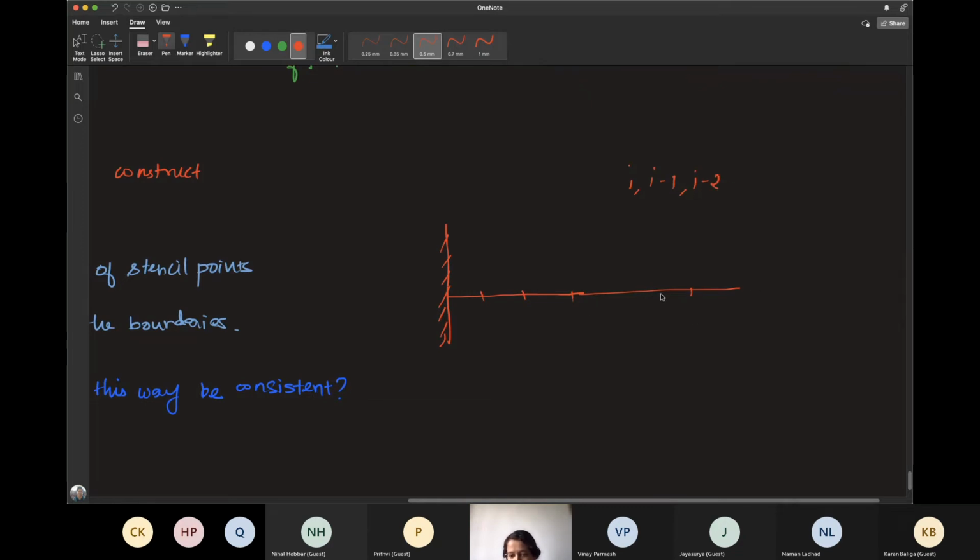So for some interior points, for any I, you will always be able to find some I minus 1 and I minus 2. For an I over here, you have this as I minus 1 and this as I minus 2. But for other cases, suppose you are solving for this point. Here this is your I, this is your I minus 1, and this point will be your I minus 2. What if you go further?